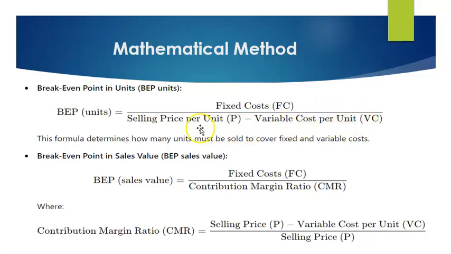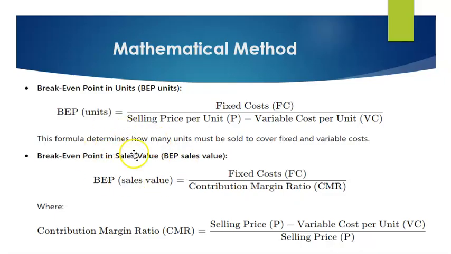Now I want you to understand this thing. What we have here, selling price per unit minus variable cost per unit, the answer you get after this subtraction is called a contribution. Therefore, break-even point in units can actually be given as fixed cost divided by contribution per unit. Okay, I hope you get this one.